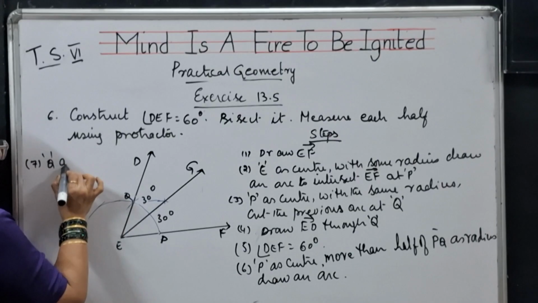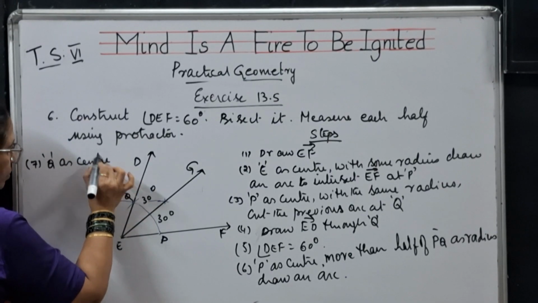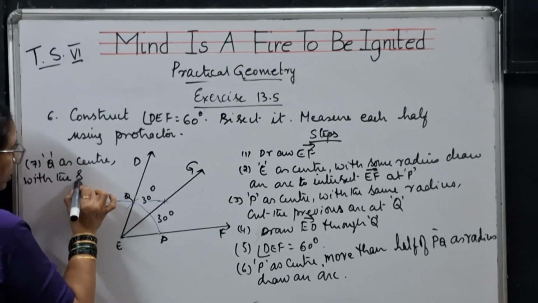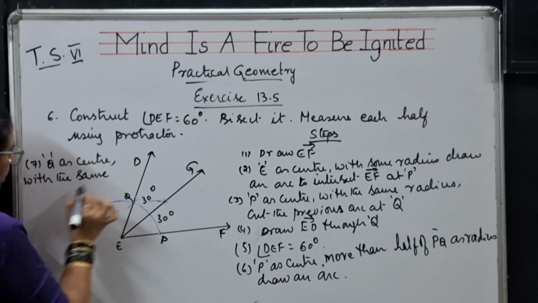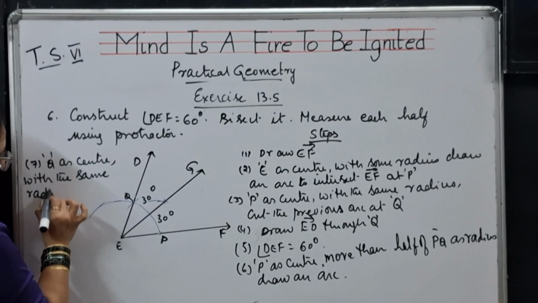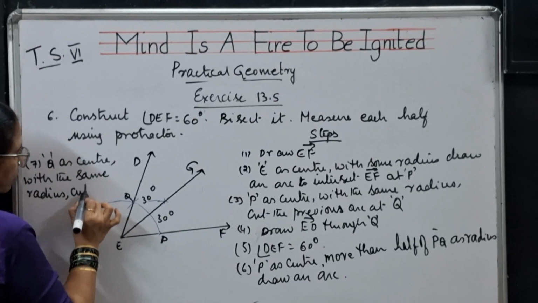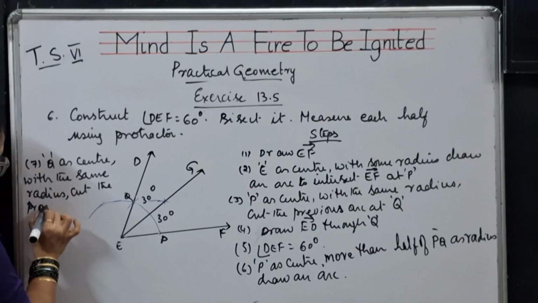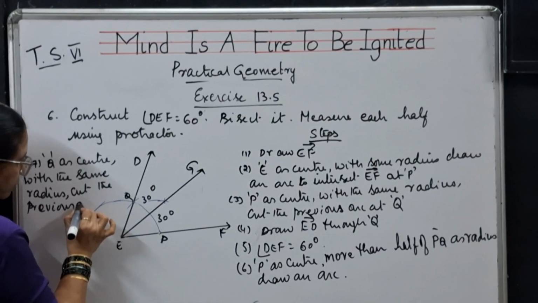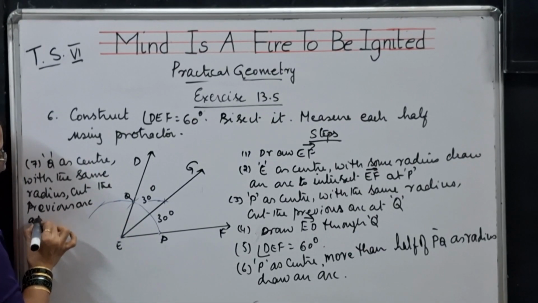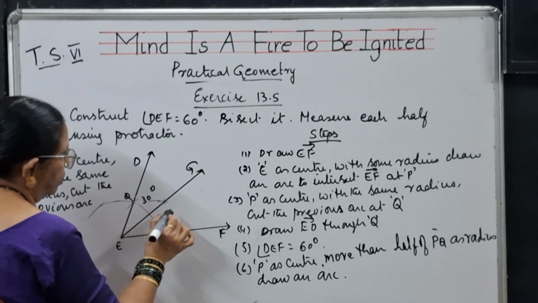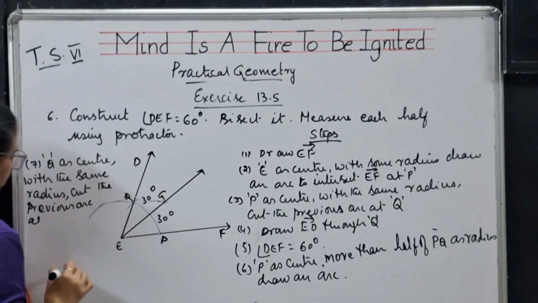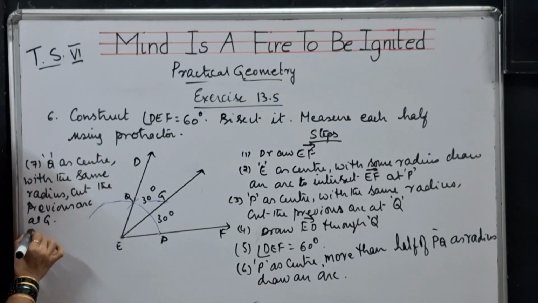Q as center with the same radius, cut the previous arc at, let me take this point here, G, at G.